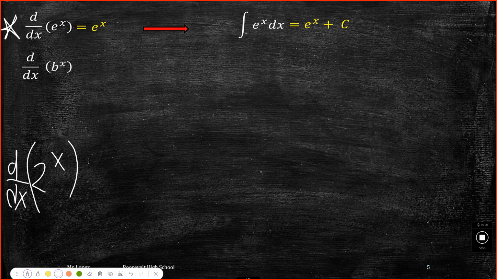If I can remember it, it's 2 to the x times ln of 2. The derivative of 2 to the x will be 2 to the x times ln of the base. So the derivative of b to the x would be b to the x times ln b.